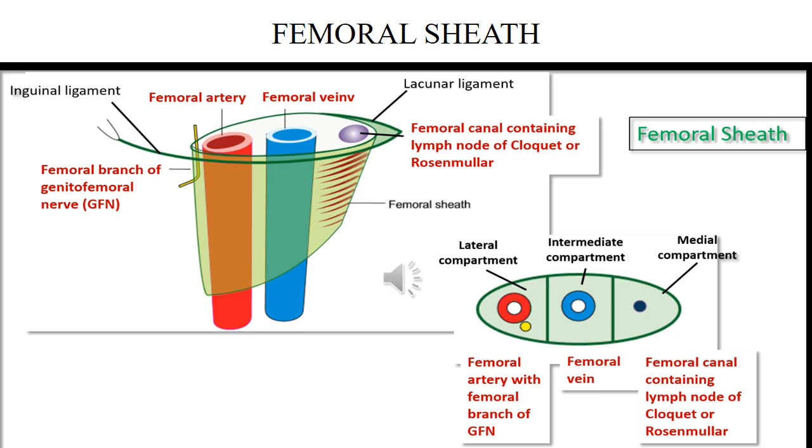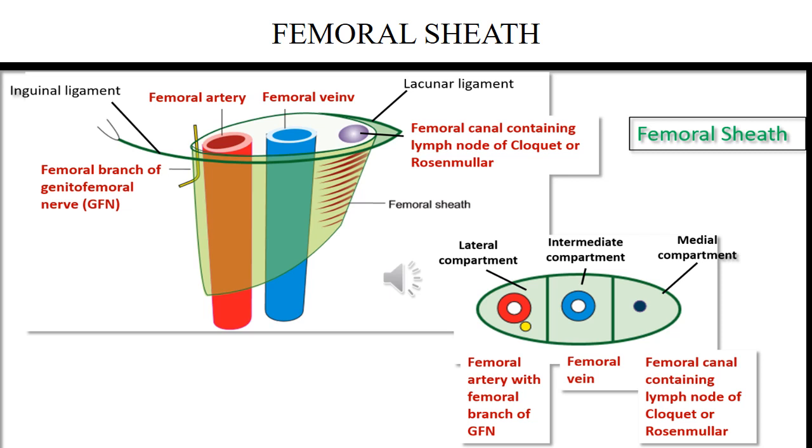Particularly, there are two compartments behind the inguinal ligament in the retroinguinal space. One is known as the muscular compartment, and the other is known as the vascular compartment. So the femoral sheath travels through the vascular compartment and enters into the femoral triangle.